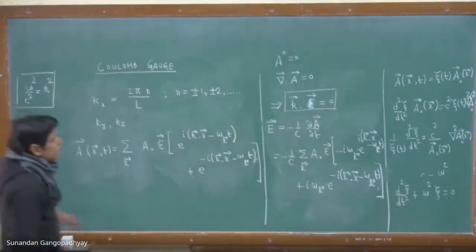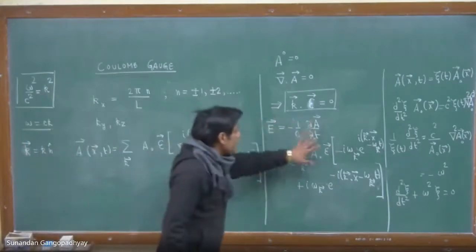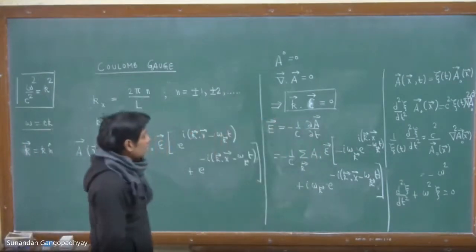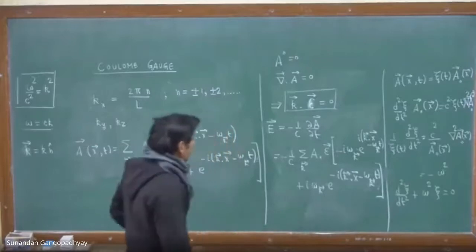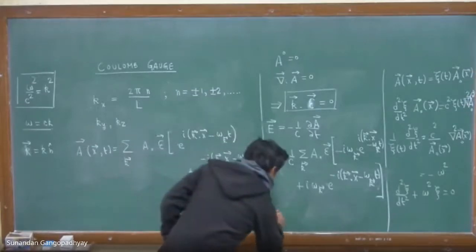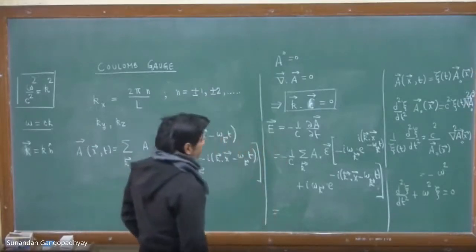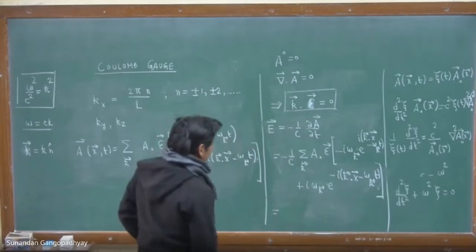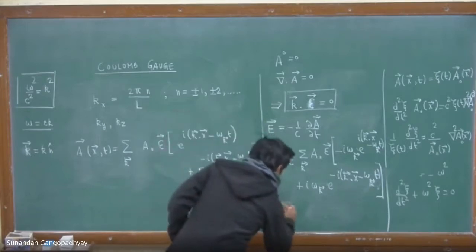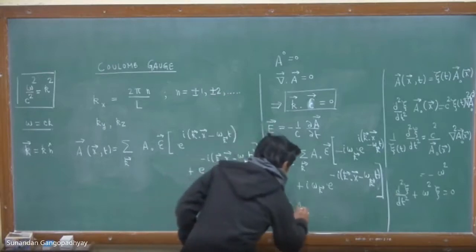So this is the expression for the electric field vector, which is minus 1 by c del A del t. From here, we can write this as a summation over k, A0.